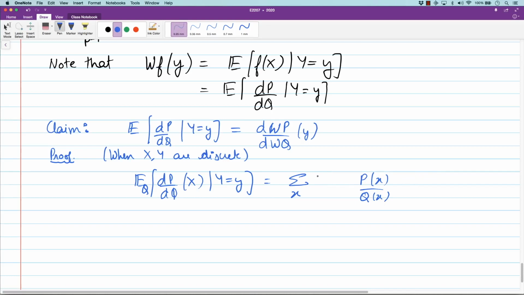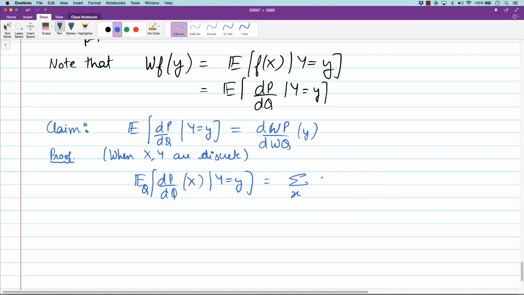That's the probability of xy, which is qx into W of y given x, divided by the probability of y. What is the probability of y? The probability of y is simply the summation over x of qx W of y given x. Let's write it slightly better.